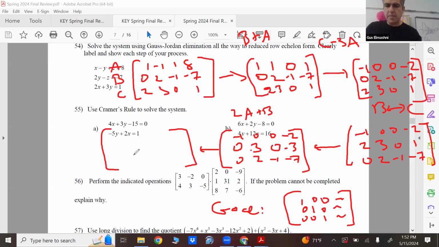Then let me get rid of the 2 in the third row. So I'll do 2B minus 3C.